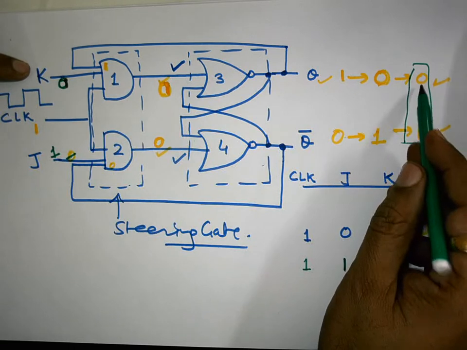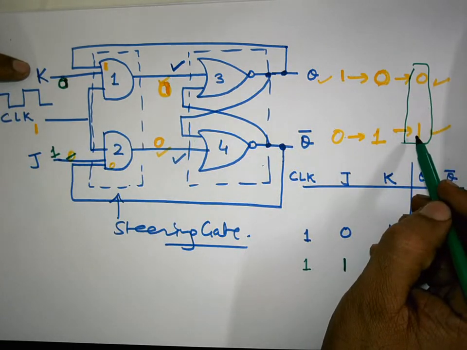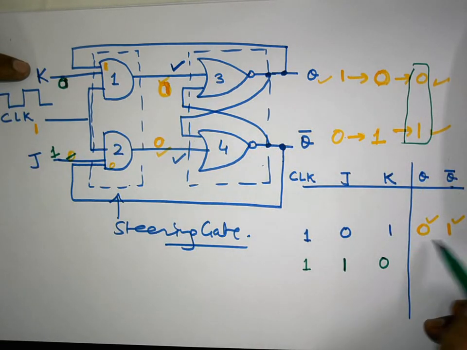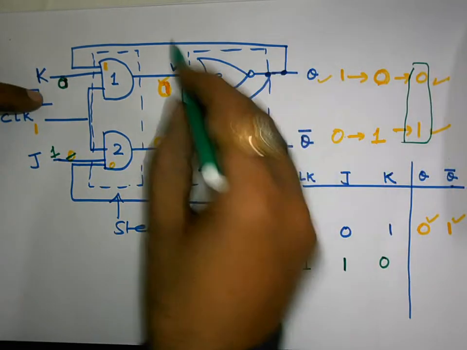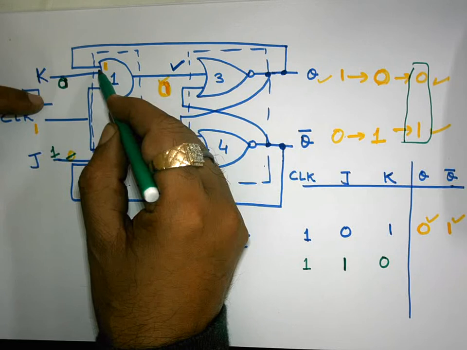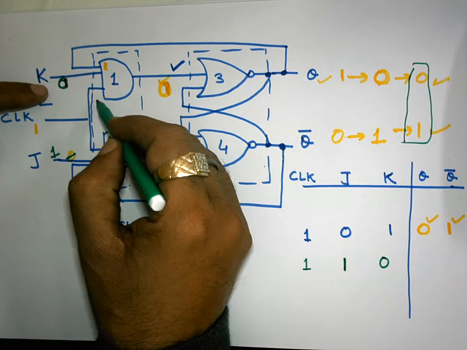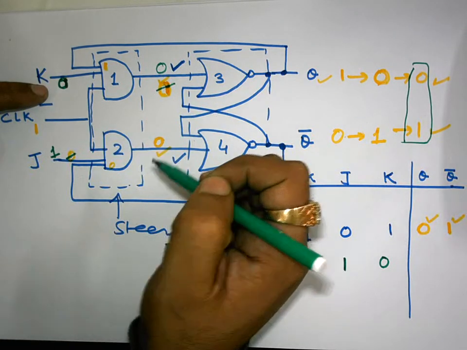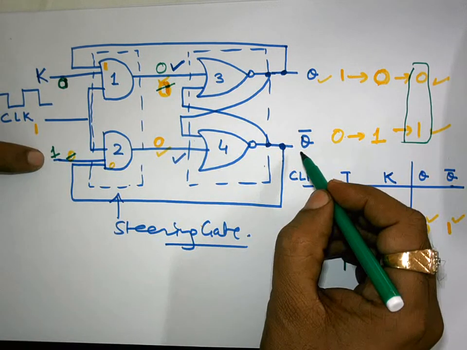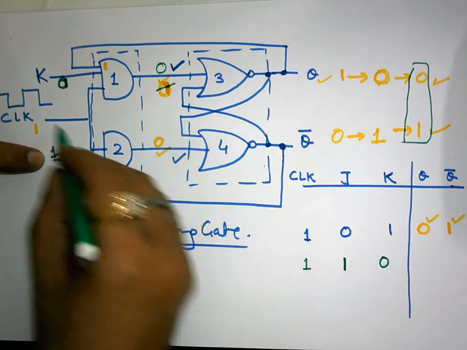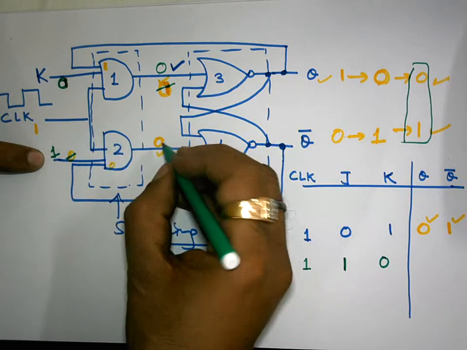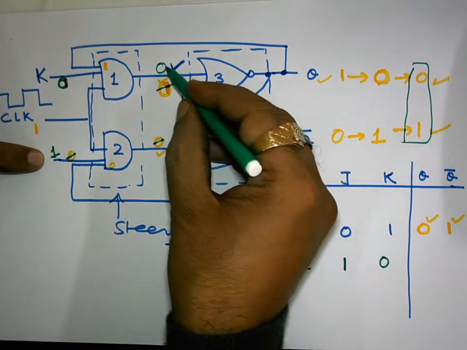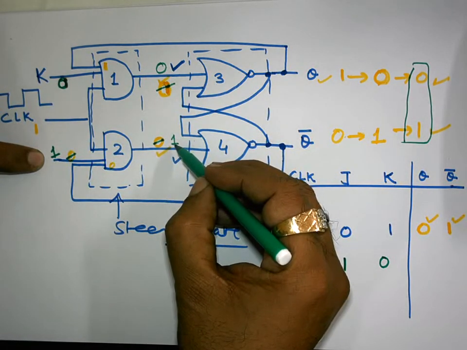Suppose I am proceeding with 0 1 as the present state, and this present state is with us because of the previously applied input 0 1. So 0 is fed over here and 0 and this 1, naturally it is making this 0. Okay. What about this? This is 1, this 1 is fed back and this 1 has been applied, it is making it 1, and 0 1 at the NOR SR latch.